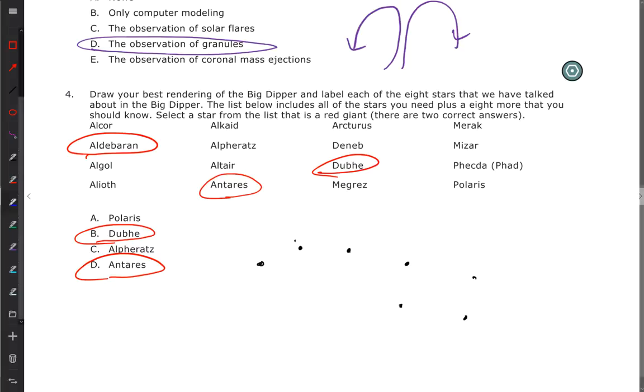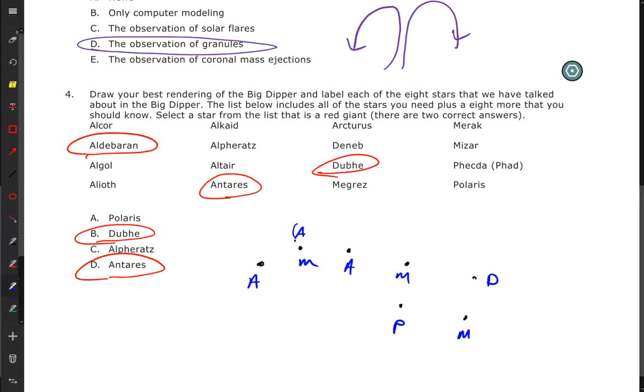And then we have to remember our A, M, A, M, P, M, D. And once you have that, then this little one up here is an A. That little one is an A as well. And so then we put the names on them.